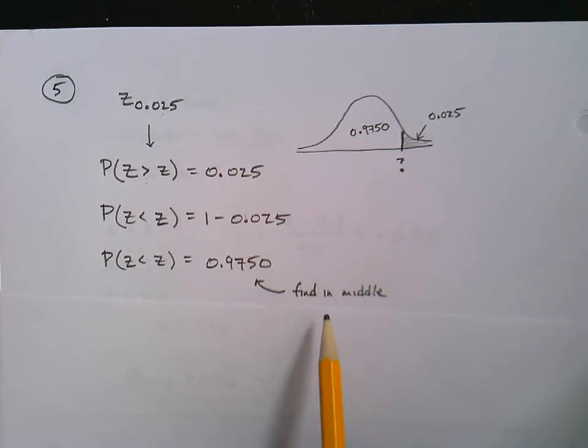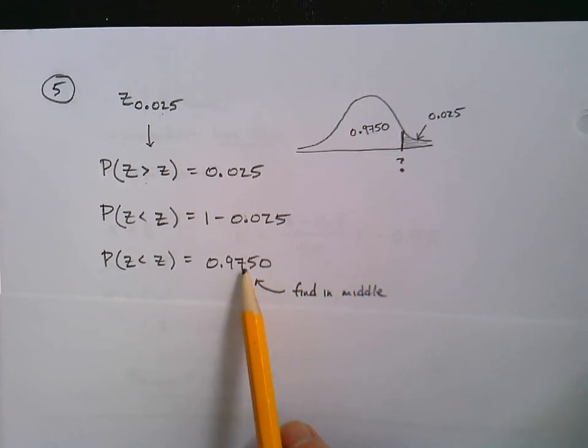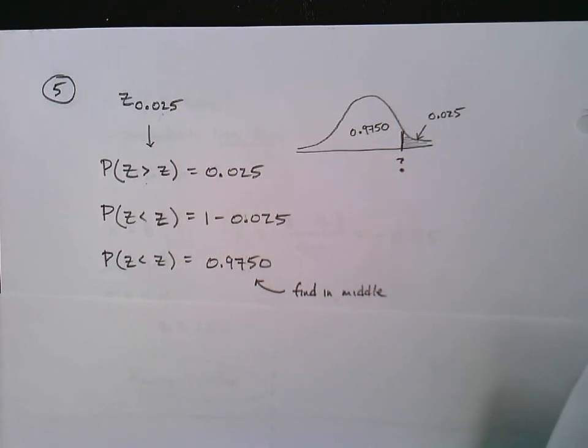So, okay, now we've got to hunt for this number in the middle of the z-table. And the question, of course, is should we start looking at the negative z-scores or should we look at the positive z-scores? And well, it'd be nice if this was live in class and you guys could respond. This is above 50%.